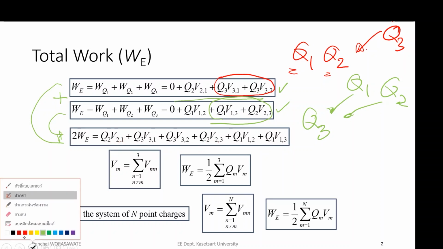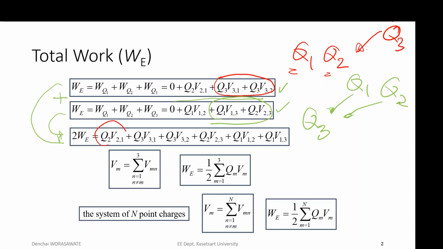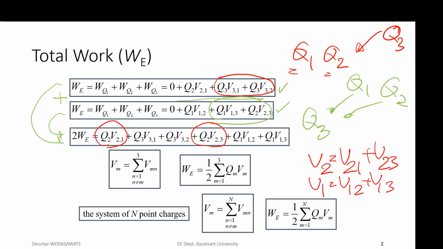If I combine this term and this term together, I have the potential at point P2, V21 and V23. V2 equals V21 plus V23. V1 is equal to V12 plus V13, and V3 is equal to V31 plus V32.